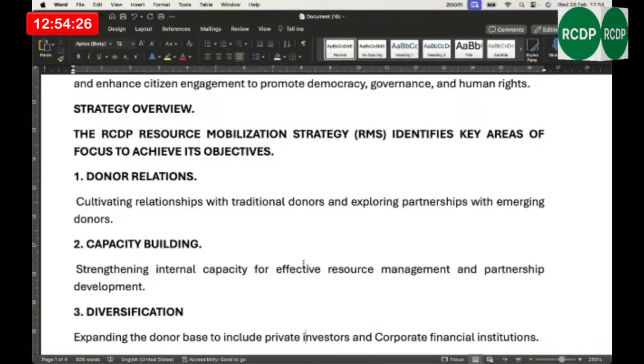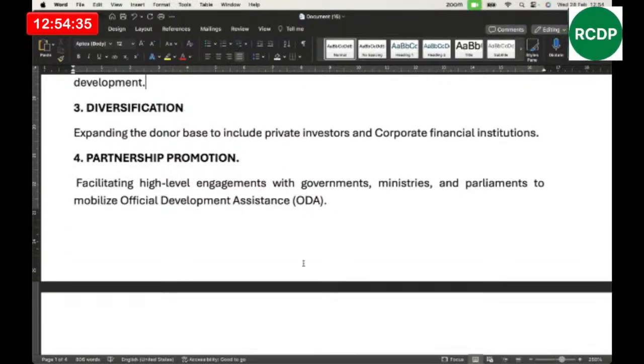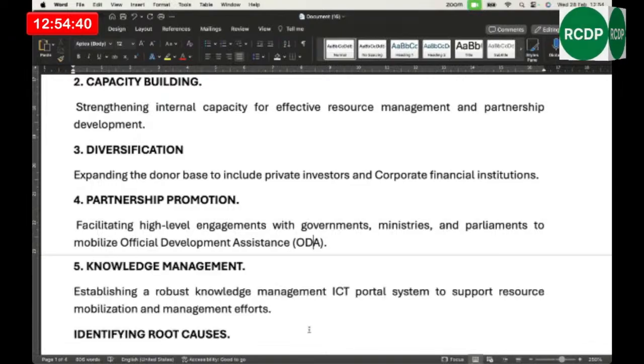We want to strengthen internal capacity for effective resource management and partnership development, because we thought that without human resources and partnership development, we cannot deliver some of these activities. Diversification: we are looking at expanding the donor base to include private investors and corporate financial institutions, who also will have a buy-in to this program.